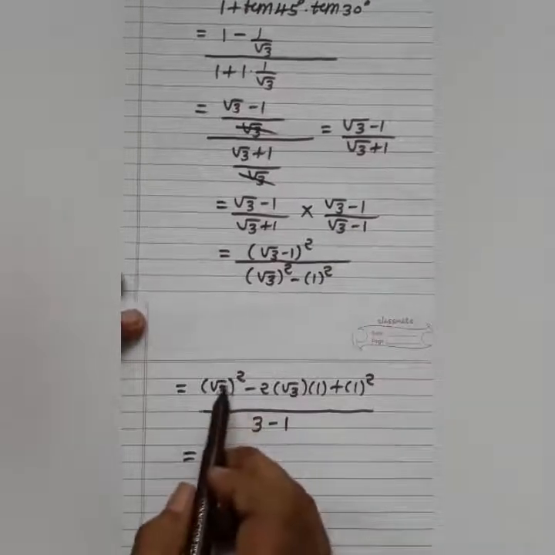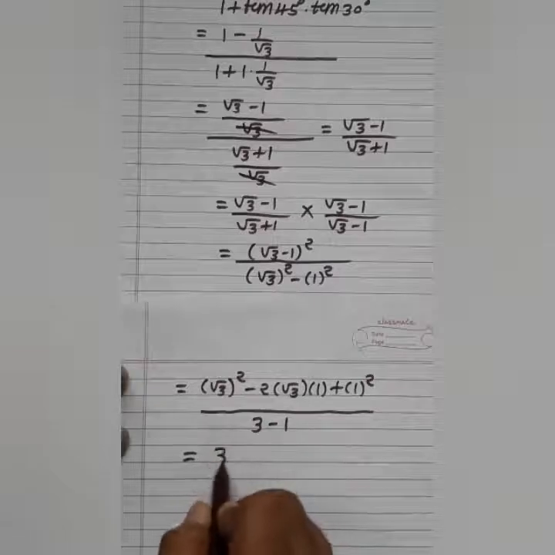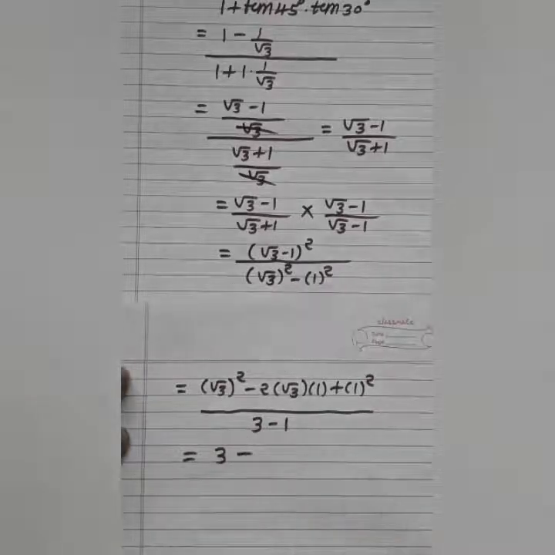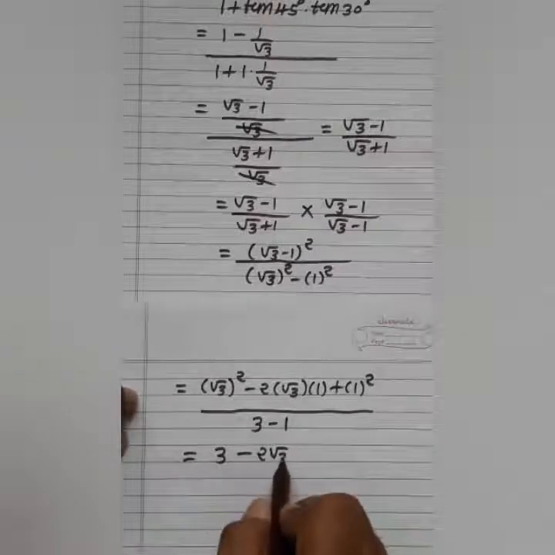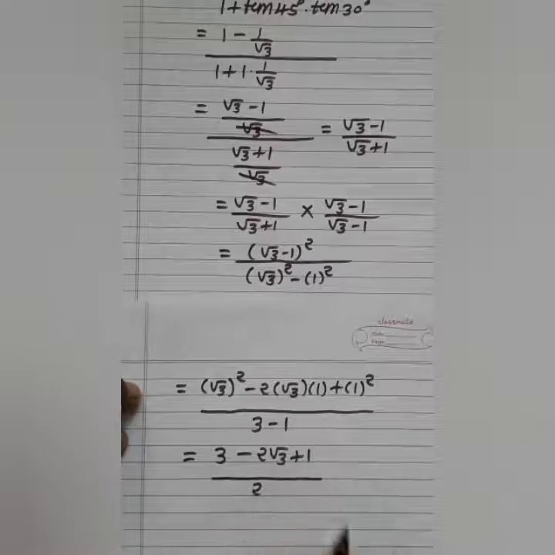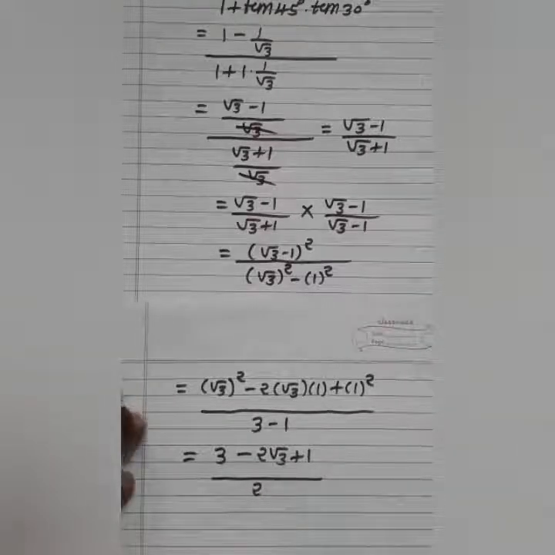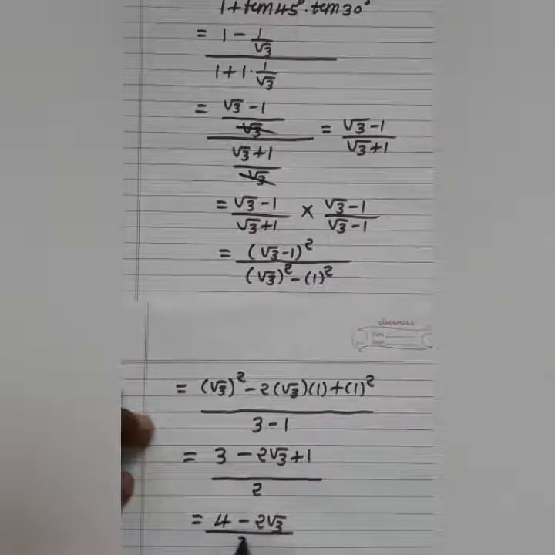Since the square and the root cancel out, the remaining term is 3 minus 2 root 3 plus 1 upon, in the denominator, 3 minus 1, that means 2. Now 3 plus 1 means 4 minus 2 root 3 upon 2.